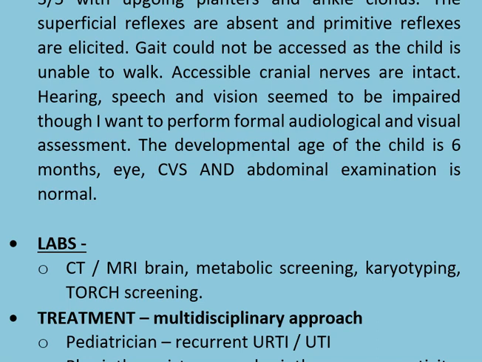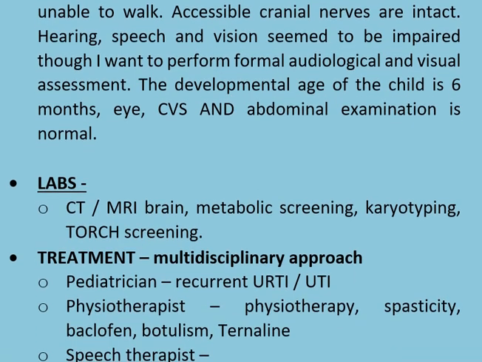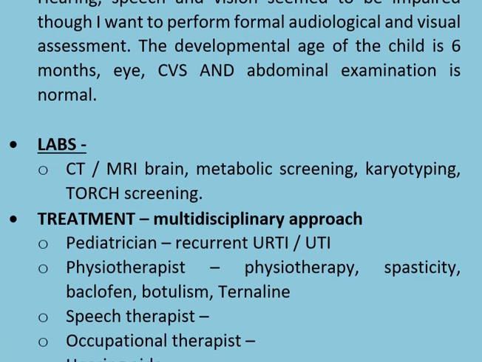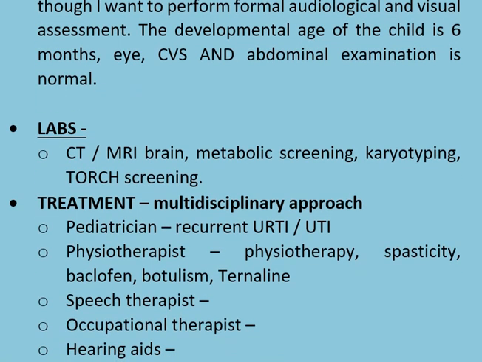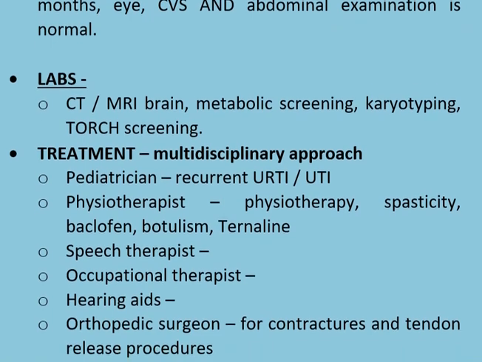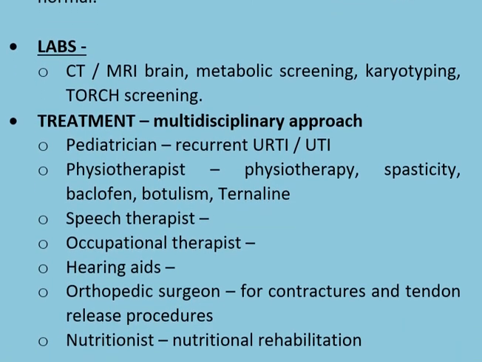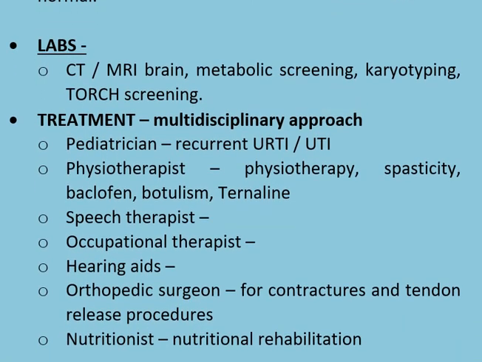The multidisciplinary approach consists of the pediatrician because of the recurrent upper respiratory and urinary tract infections, and then physiotherapy is a very important aspect of the treatment because there may be spasticity. For that, baclofen and botulinum toxin are given. Speech therapy is required. Occupational therapy is required. Hearing aids are required. Orthopedic surgeons are required for contractures and tendon release. And a nutritionist is required.